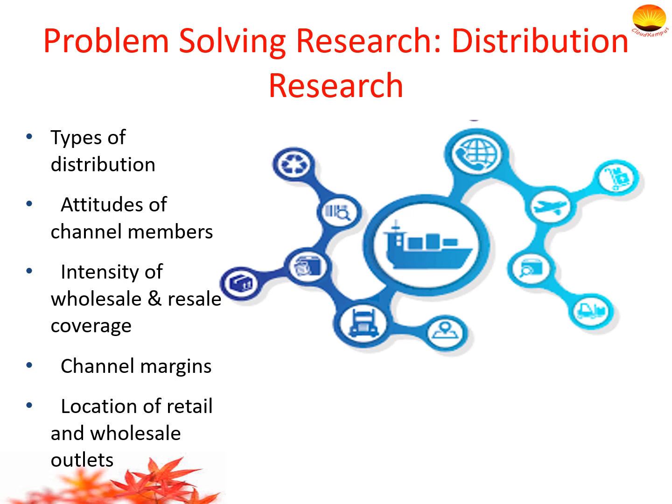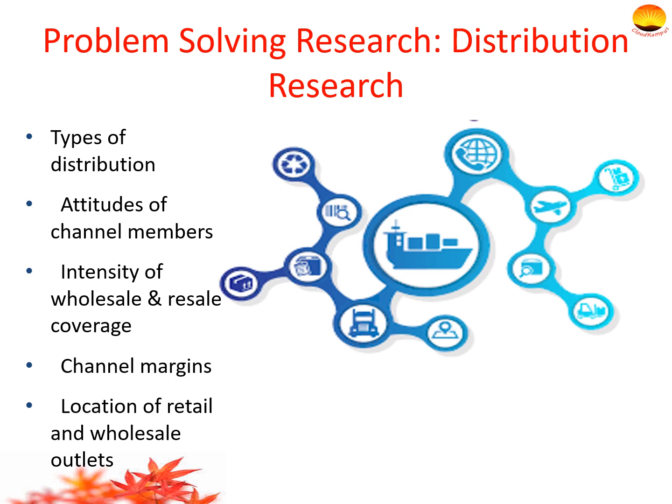Location of retail and wholesale outlets is very, very important. If Domino's opens its outlet in front of a university or within a university campus, won't the sales be increasing rather than in a residential area?